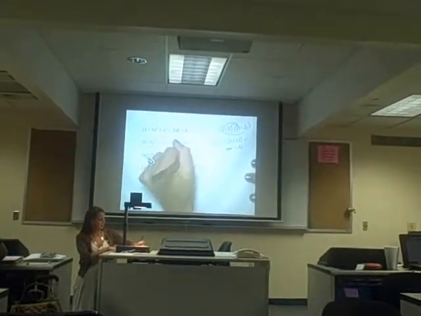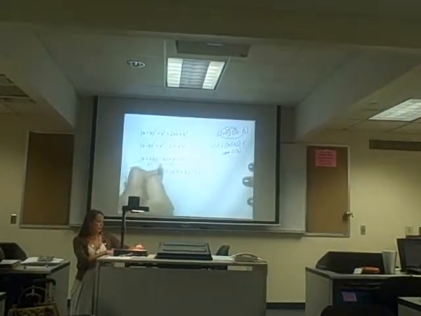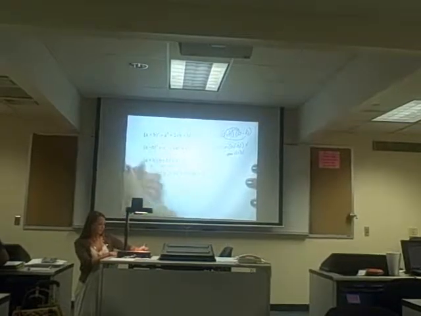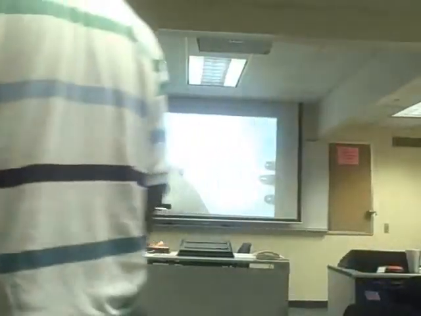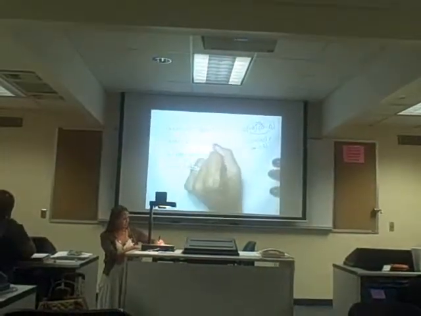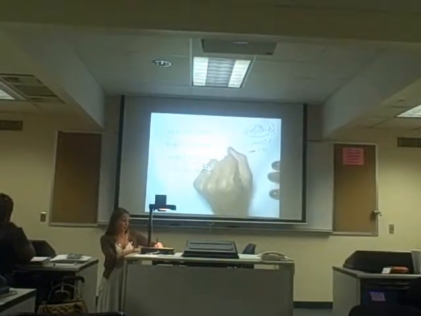Okay. Now we know we can cancel out the a and b terms, because plus ab minus ab gives you 0. And that will give you a squared minus b squared.